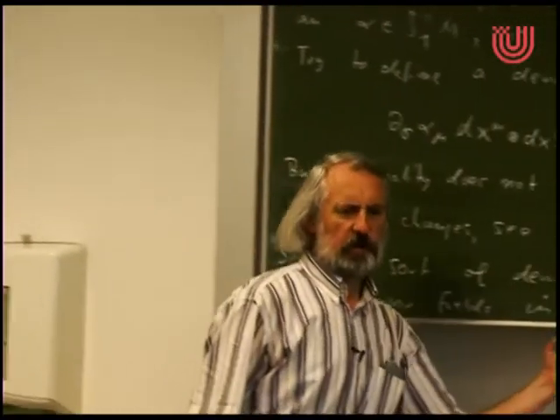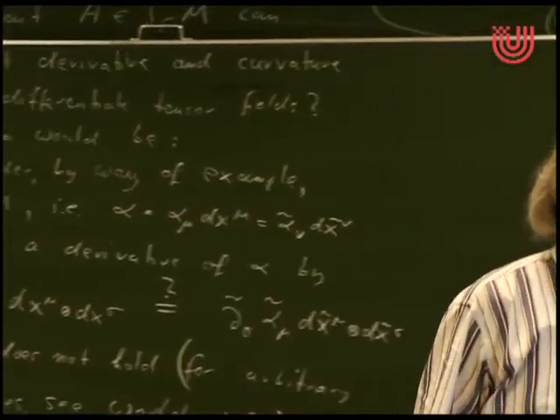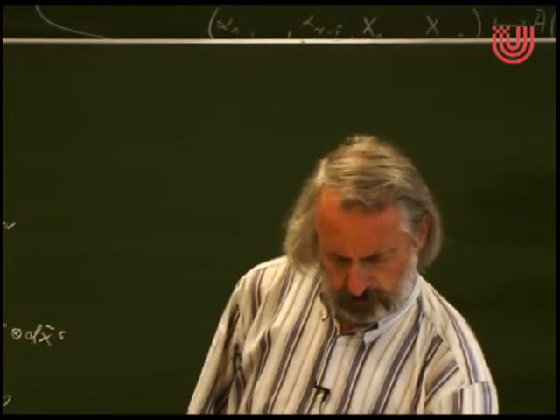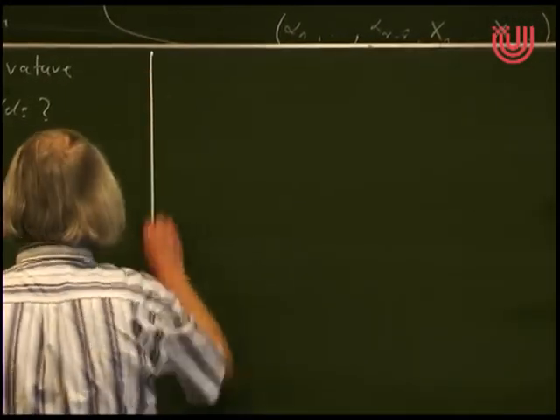In order to do this, we need an additional structure. And that's what is called a connection or covariant derivative. Maybe I could just write down the definition and then we discuss it next time.